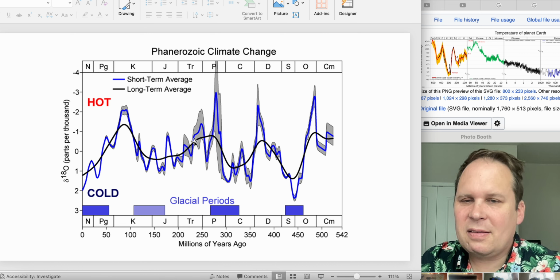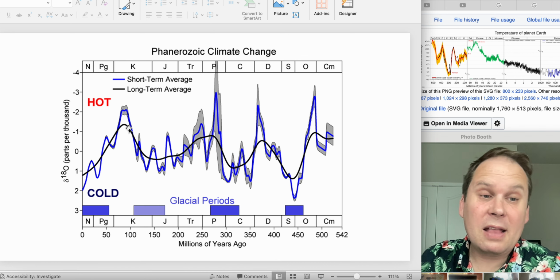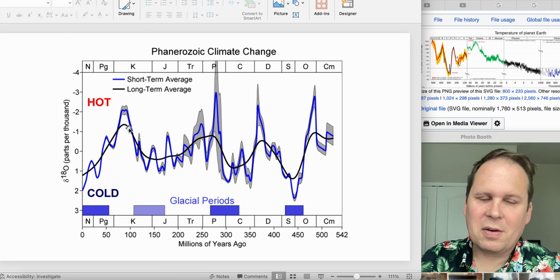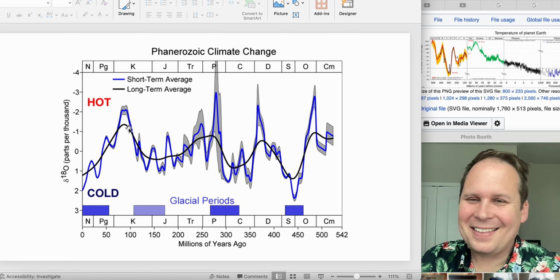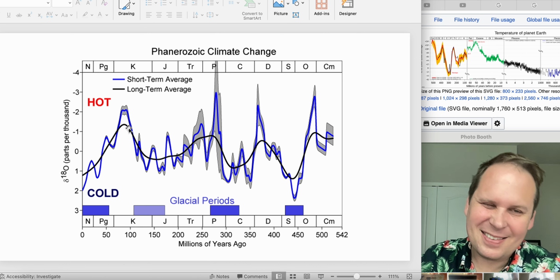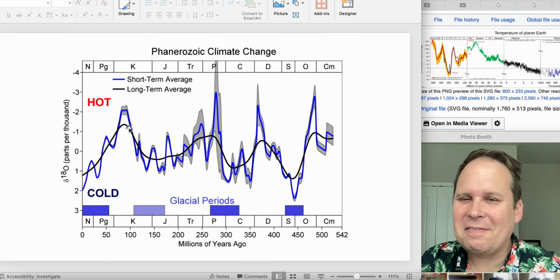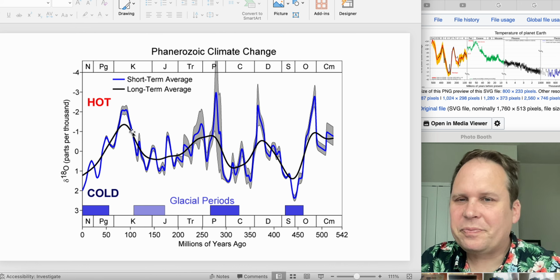Then the Earth's going to fluctuate for a little bit, but without the real high highs or low lows. Toward the end of the Cretaceous, right before the big thing from the sky hits and wipes out the dinosaurs, except for the avians, the non-avian dinosaurs get wiped out very quickly. You see, we were in a very hot period.